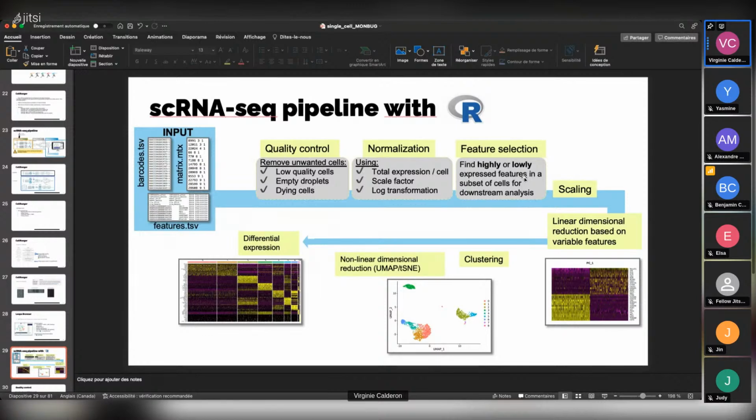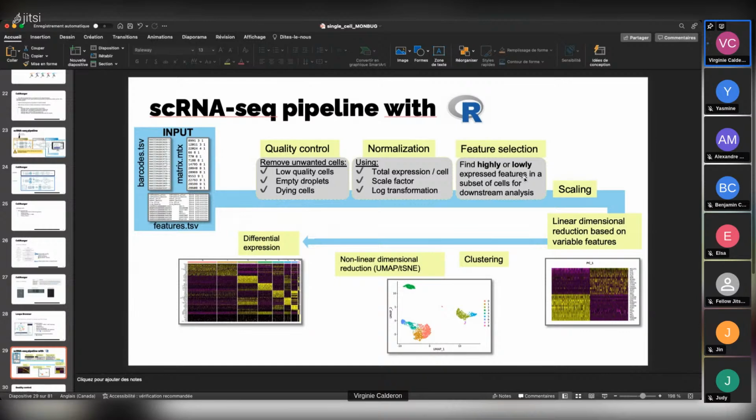So this is more the pipeline for the bioinformatician. If you want to do this with R, for example, you need the three files for the input. And the first step, as always in NGS experiments, is to check the quality of the sequencing.